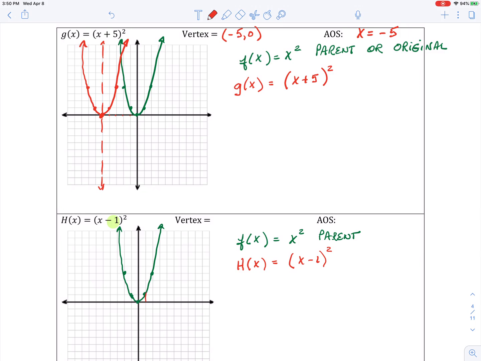So I'm going to put in that axis of symmetry here. And there is the function that's labeled h, and we're seeing a horizontal shift 1 to the right.